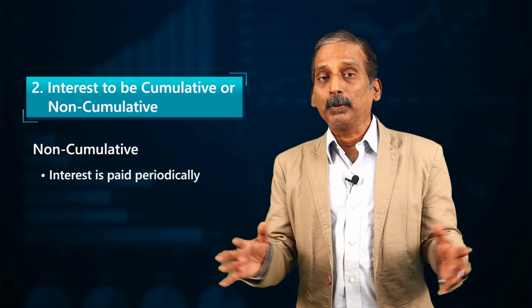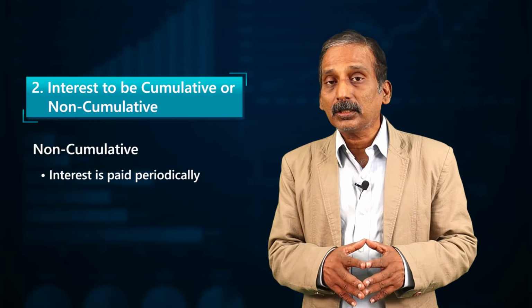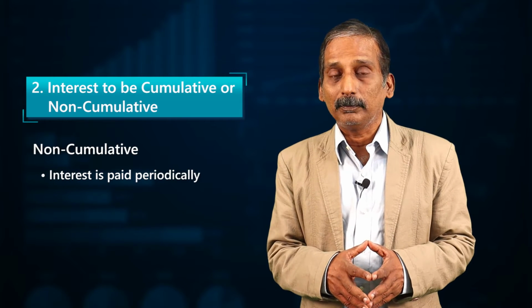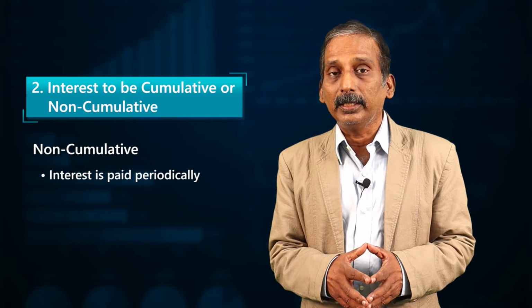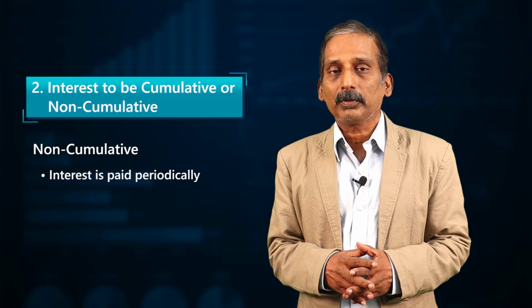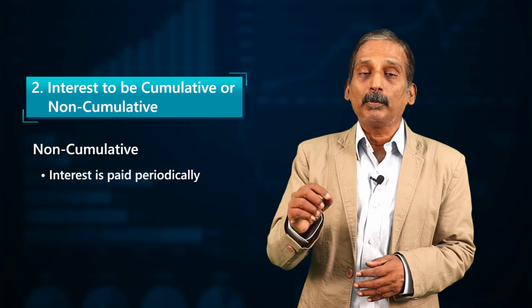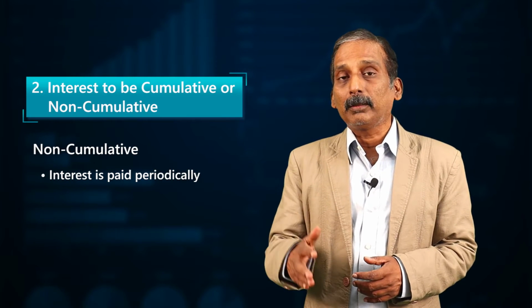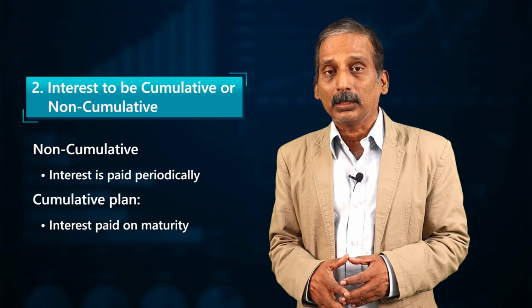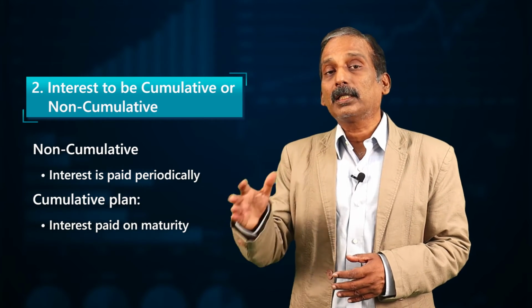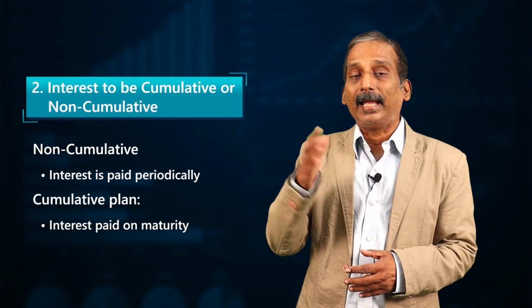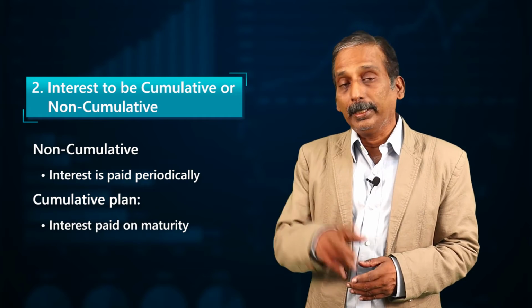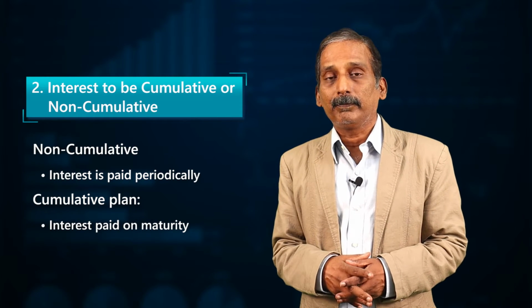In a cumulative plan, the interest is not paid out. The interest is added back to the deposit. So if you were normally under the non-cumulative plan, if you were being paid out every quarter, that interest amount will now get added to the principal and it will only get paid on maturity.